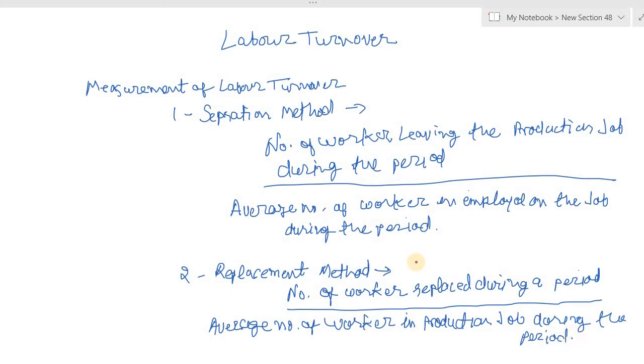This replacement rate is also known as net labor turnover rate.